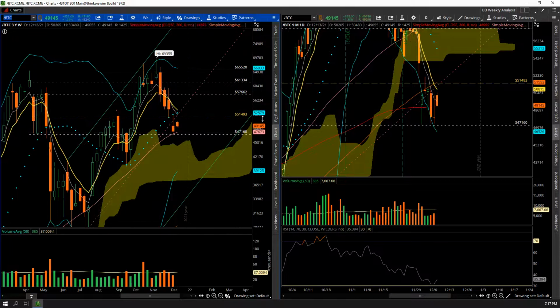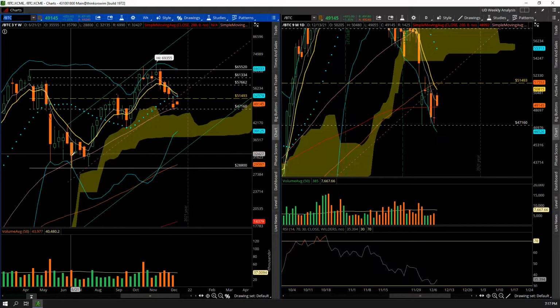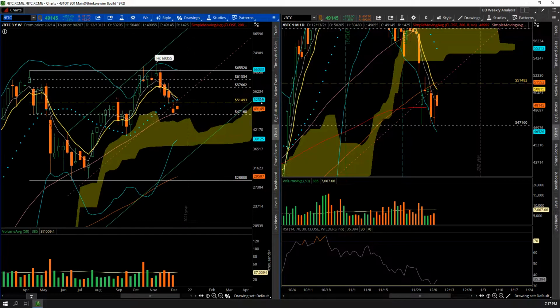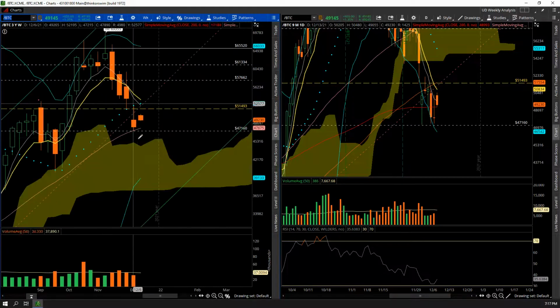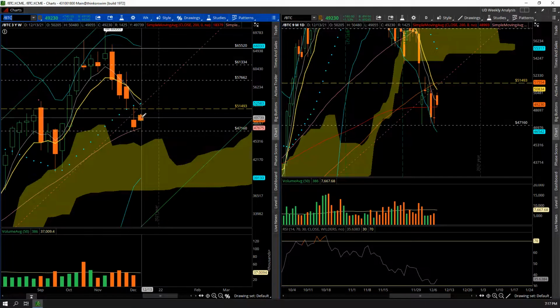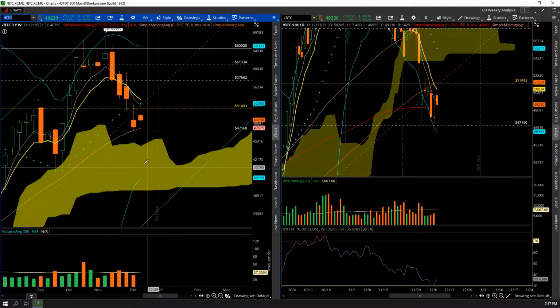As long as it can hold the 50 period week average a couple of times and then the bounce starts, whoever is trying to take it lower, they're trying their level best, and price is hesitating to move below 50 weeks for a couple of weeks.